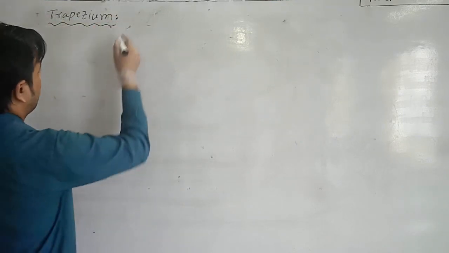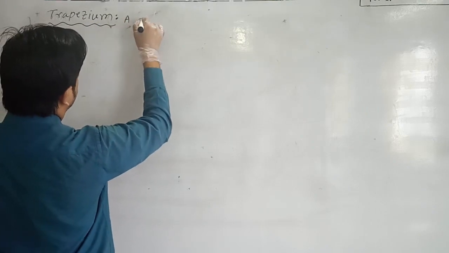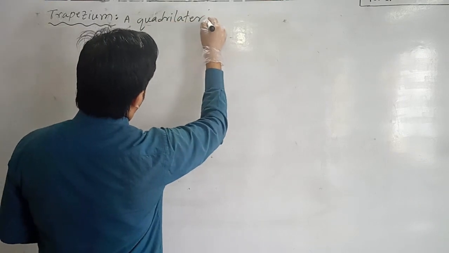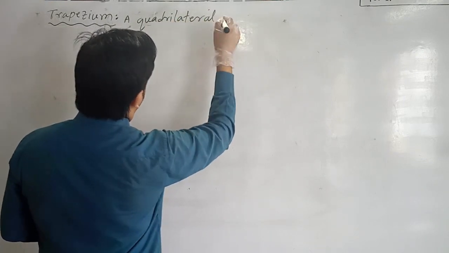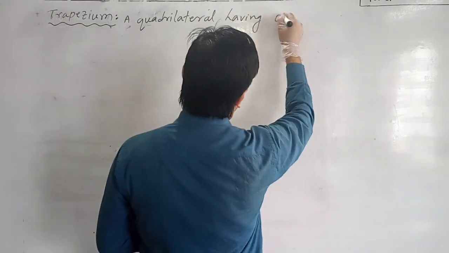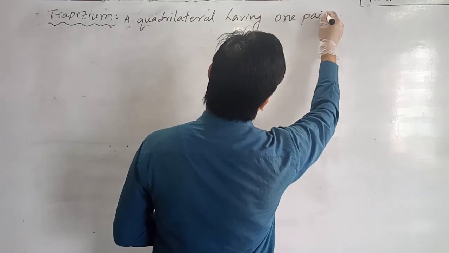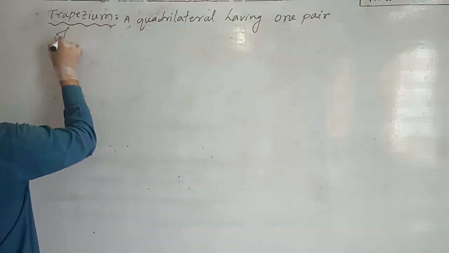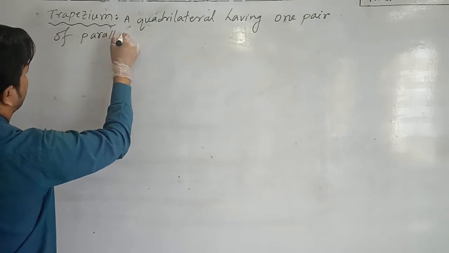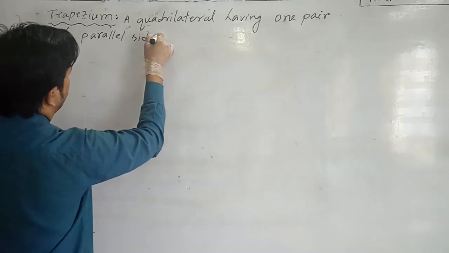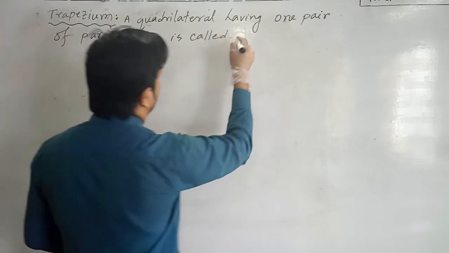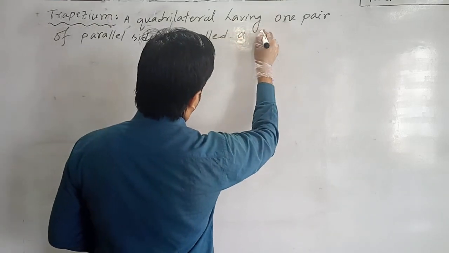A quadrilateral having one pair of parallel sides is called a trapezium.